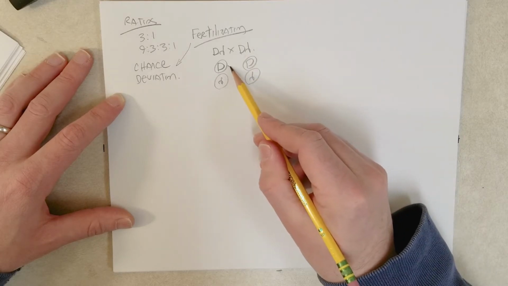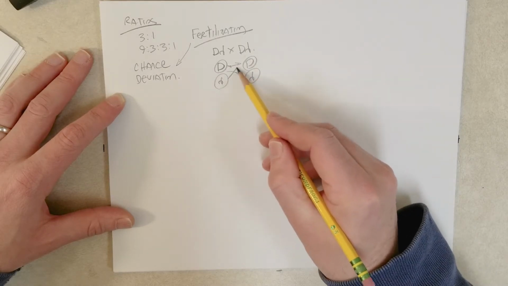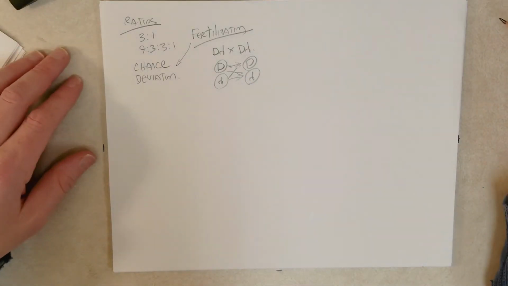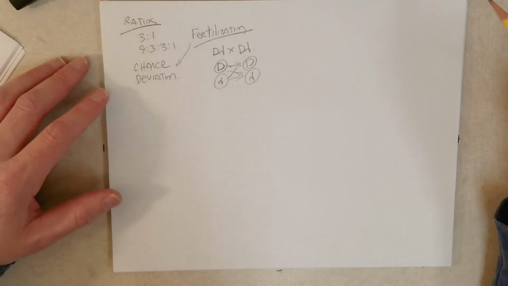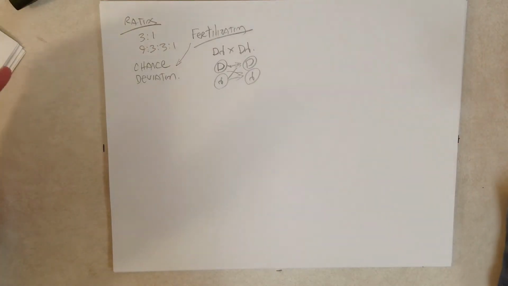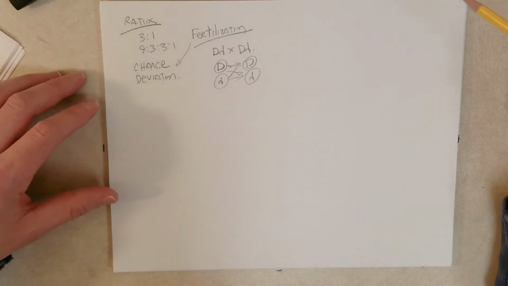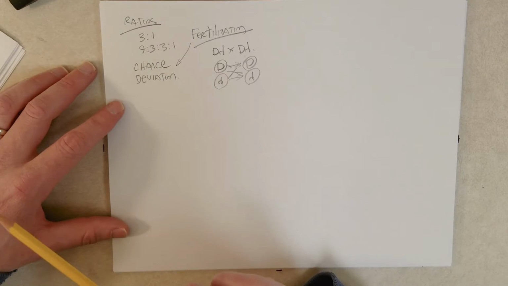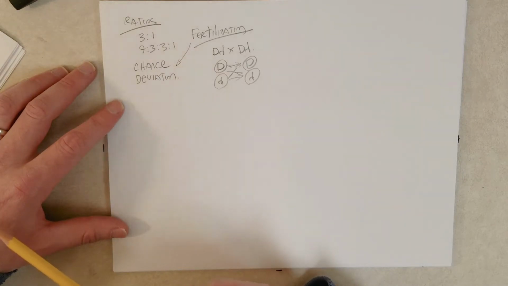The process of these gametes coming together to make the zygotes involves some level of chance. As a result, especially when we're looking at small numbers of offspring, we would expect our ratios to deviate from 3:1 and 9:3:1, or other ratios, which we will see coming up in the next lecture.